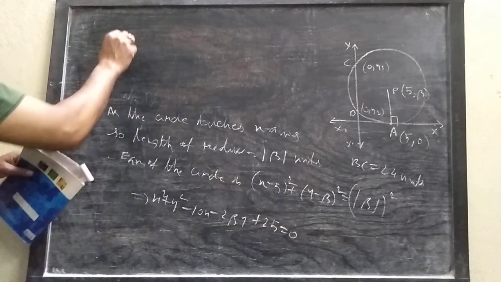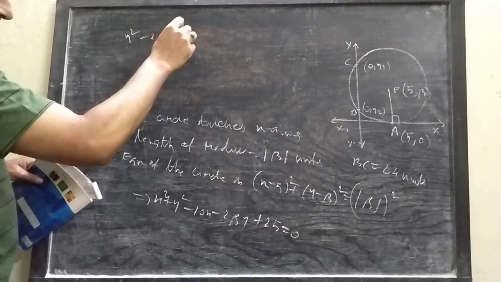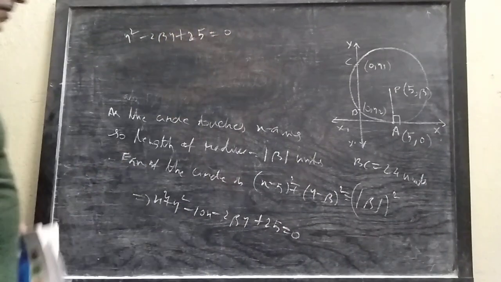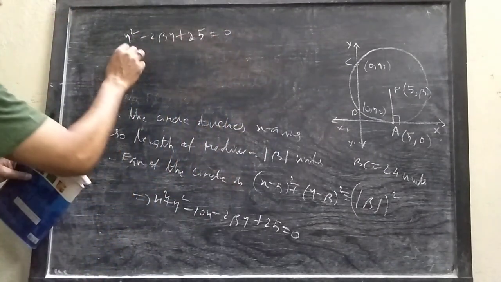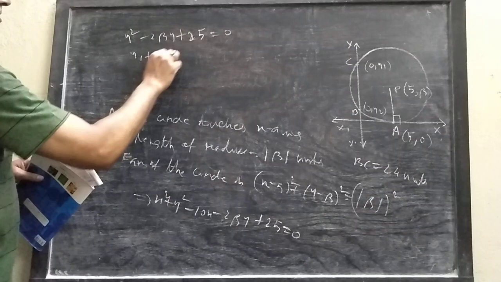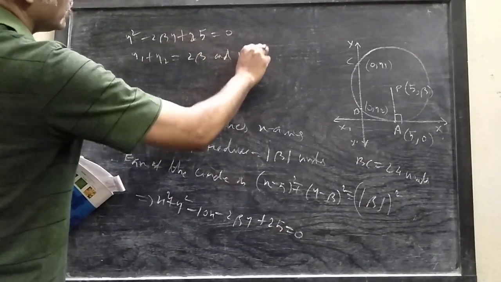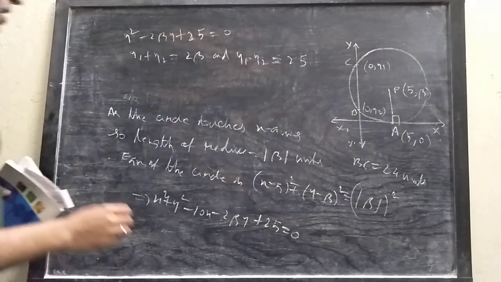We get y square minus 2 beta y plus 25 equals 0. Now y1 and y2 are roots of this equation, so y1 plus y2 equals 2 beta and y1 times y2 is 25.